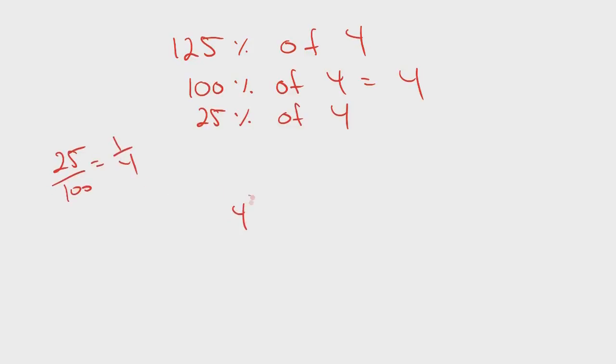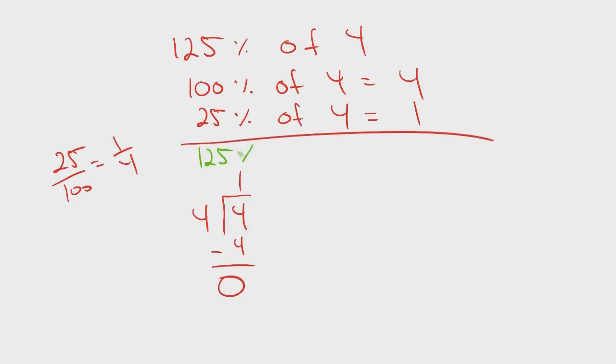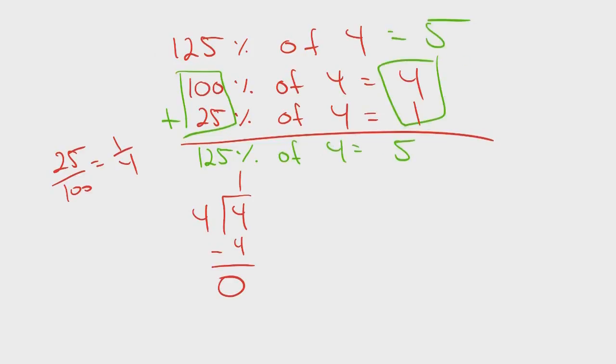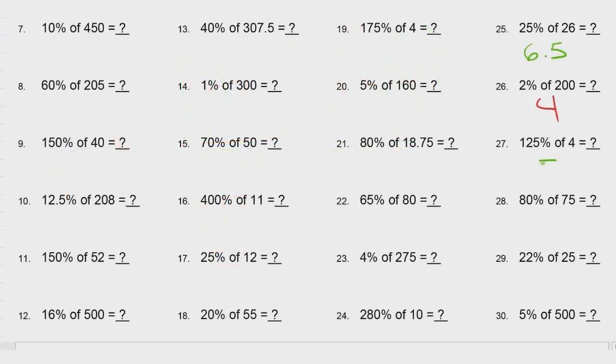So all you do is divide 4 by 4, and you would get 1. So 25% of 4 is 1. 125%, because I just added these two together right here, of 4 equals 5. The answer is 5.